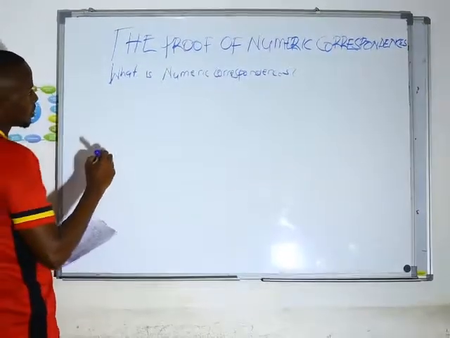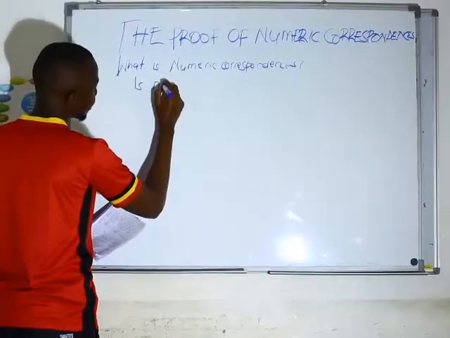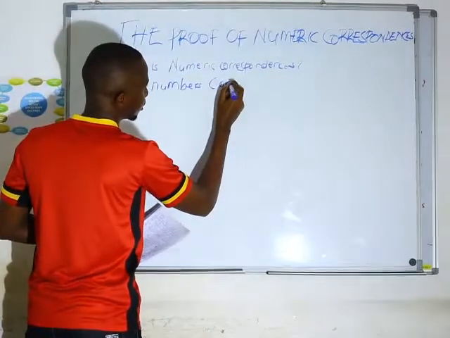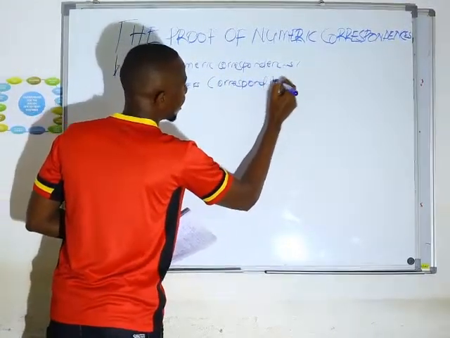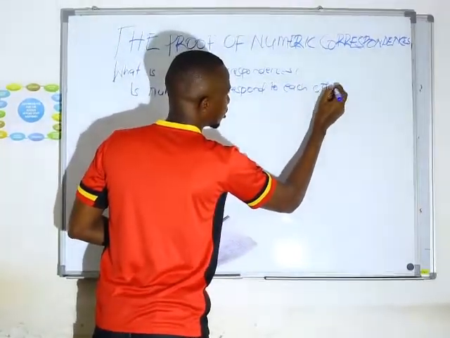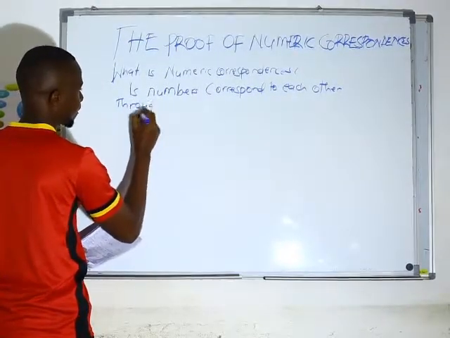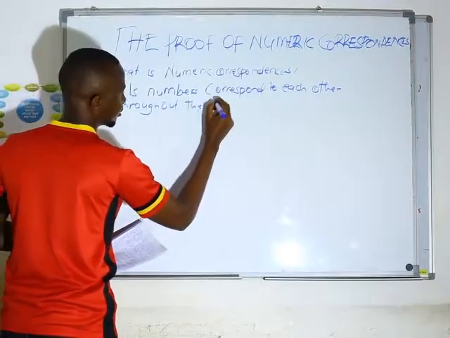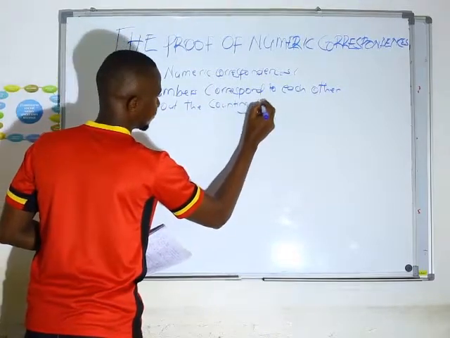Numeric correspondences is where numbers correspond to each other throughout the counting system.